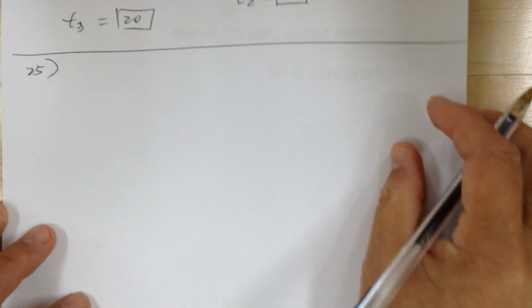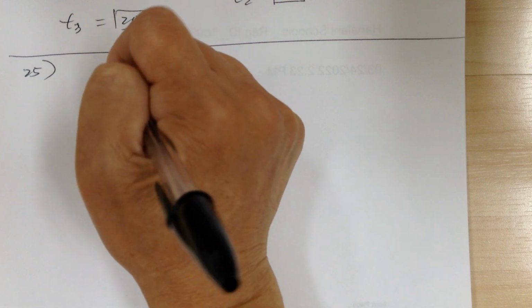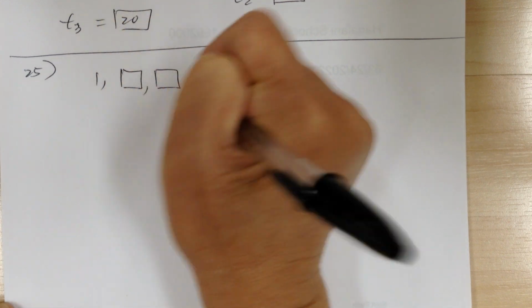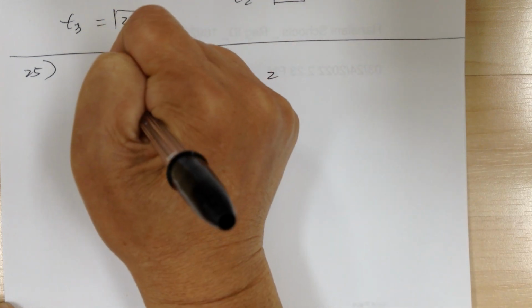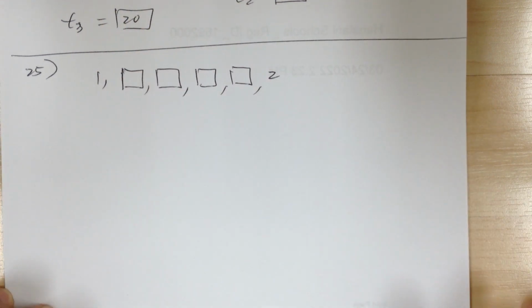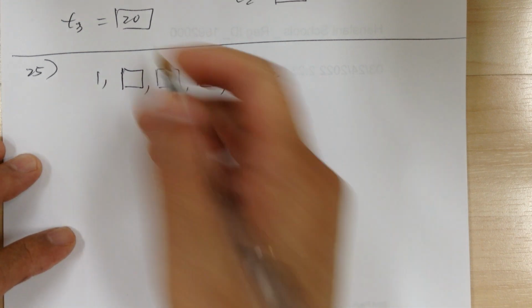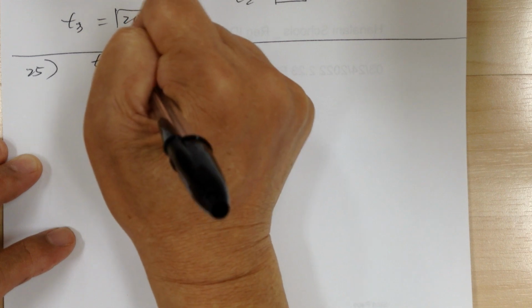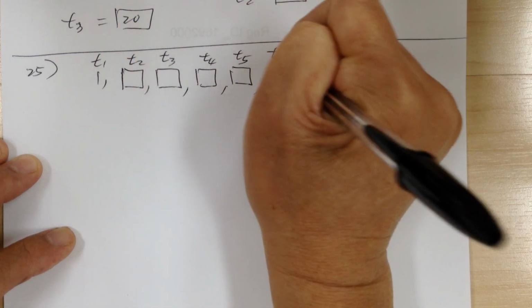Number 25. You have 1, and you're going to put 4 numbers in between. This one is much harder because there's no middle number. If there's no middle number, you need to find r. Here's your T1, T2, T3, T4, T5, and T6.